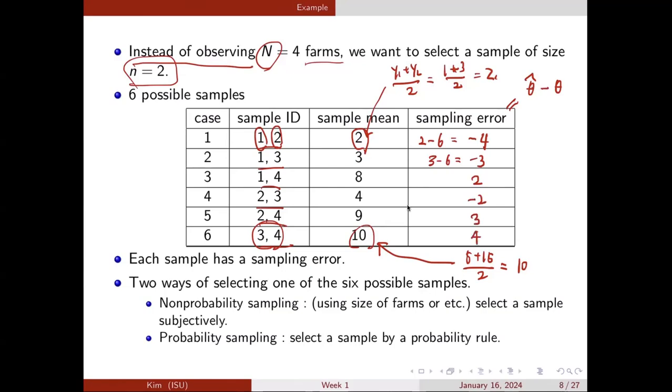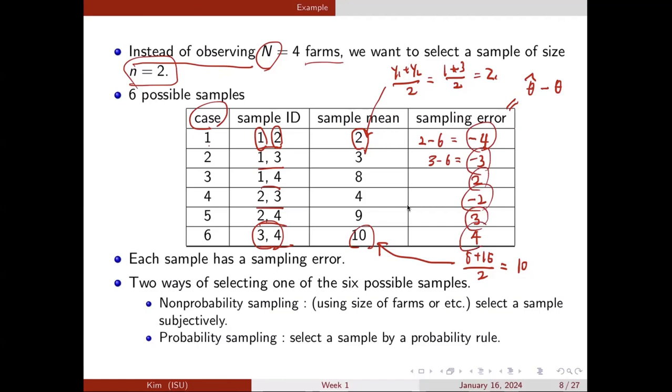So we have 6 possible cases, and in any case we have an error: either minus 4, minus 3, 2, minus 2, 3, or 4.